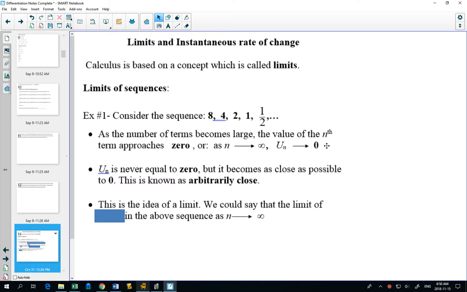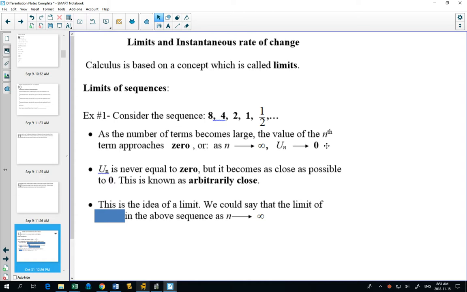In other words, if someone says you can't get closer to 0 than 1 over 10 million, you just say, well, I cut it in half again, and now I'm closer than that. Well, what about 1 over 10 billion? Once I get close to 1 over 10 billion, I cut it in half again, and now I'm closer than that. And so we could get as close to 0 as we wanted to without ever getting to 0.